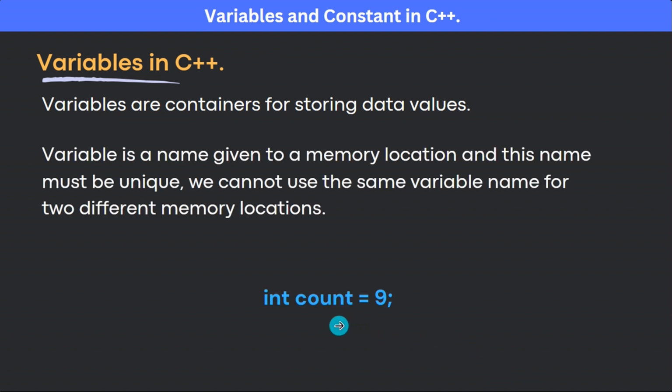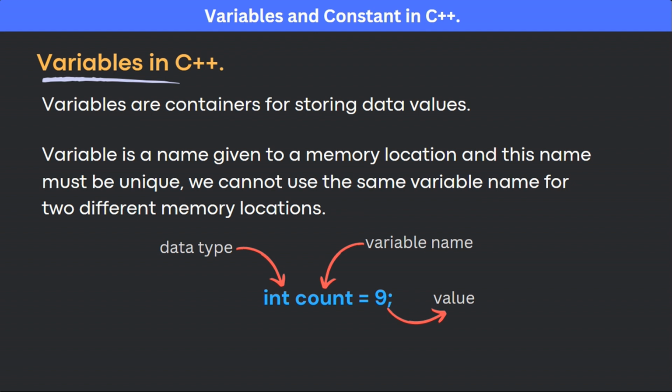This is one variable name which is count, and it is of type integer. Here count is a variable name, and this int is known as the data type, and we are going to store a value 9 in this variable count.